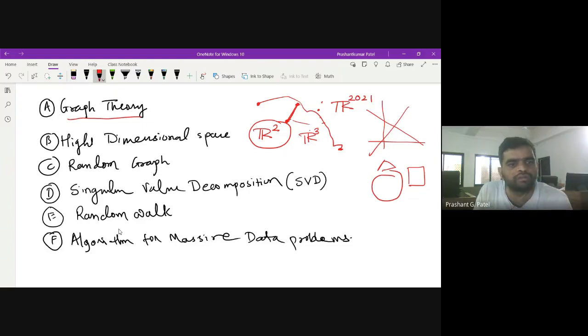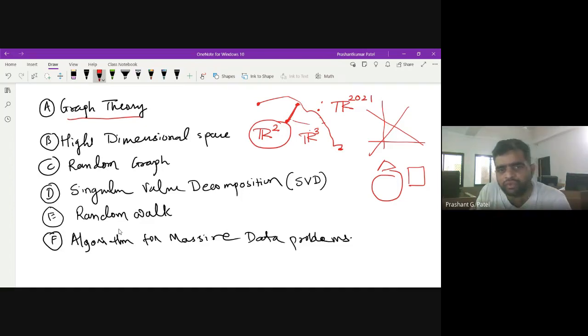The next one, the third topic, is random graph. A random graph is again a portion of graph theory, but a random graph itself is a big subject.